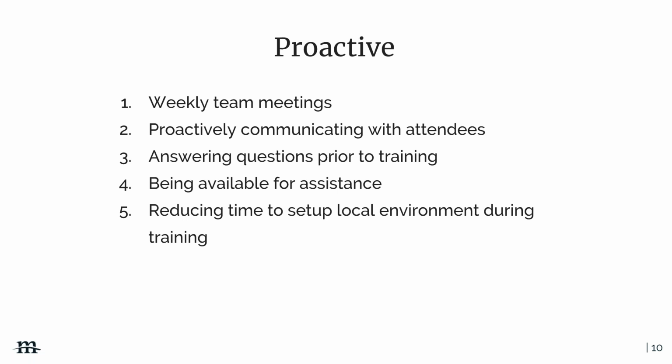We communicated with the attendees as we were getting new numbers every week, and this is important because one of the biggest problems when it comes to doing a training workshop is helping people with their local environment setup. Communicating with them ahead of time and providing the information on how to set that up is very important. That can really make or break your workshop. I've done training workshops in the past where we spent a significant amount of time just helping people with the local environment.